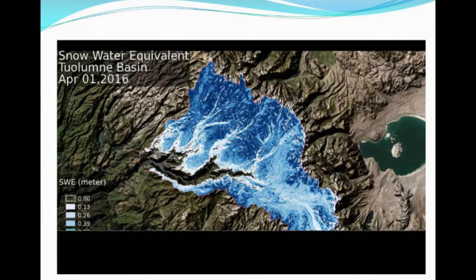And so now they can use that information to estimate flows, and they use that to manage releases from the State Water Project dams. So that's an example of the power of these partnerships. And it's allowed implementation of solutions that would have been very difficult to come up with from scratch ourselves.